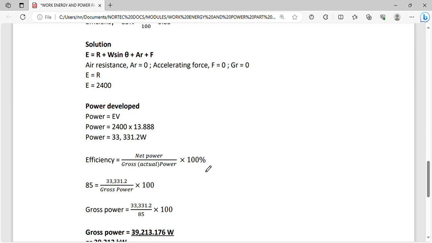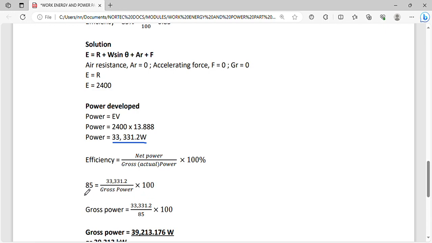So here we're saying, when we start substituting, the percentage is 85 is equal to the net power, which is the answer we have here, 33,331.2 over the gross power. Then we're multiplying by 100. Here we've just put 85 there because there is this 100 here, no problem.